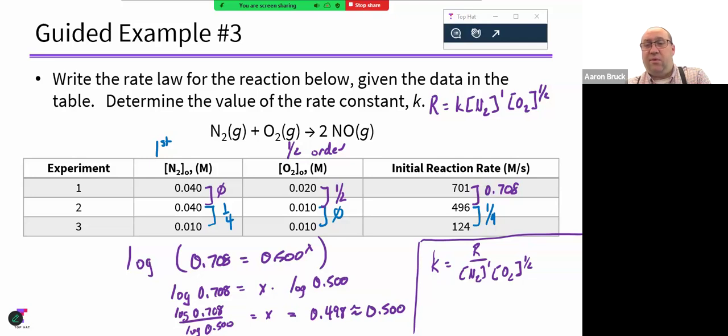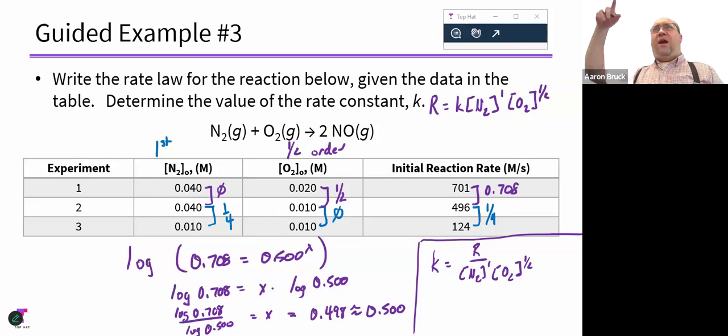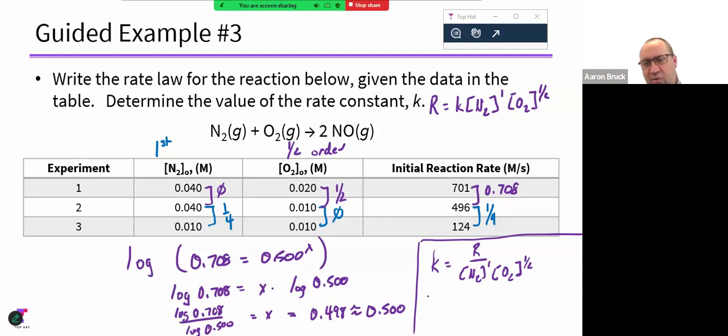Does anybody remember or know another phrasing for half power? Exponent to the half. Square root. So you can certainly plug it in, caret 0.5, but you can also take the square root, the two are equivalent.